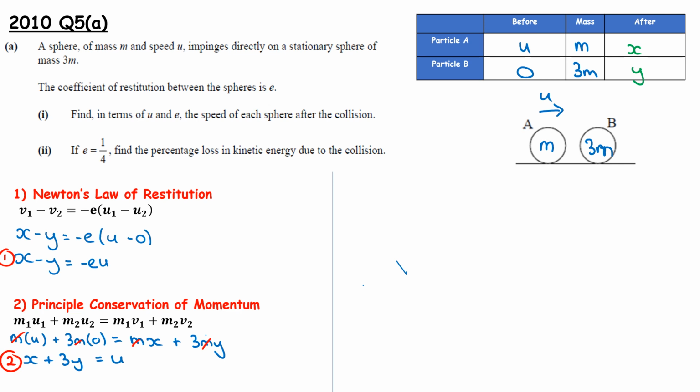So now we're going to do simultaneous equations. We have equation 1 and equation 2. So 1 is x minus y is equal to minus eu. The second equation is x plus 3y equals u.